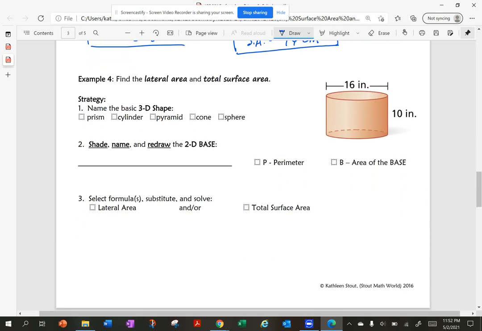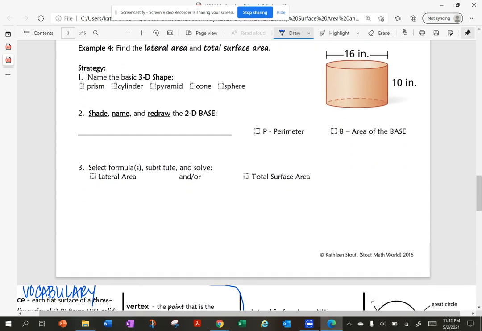All right, what do I have for a shape? So I want to start by identifying what 3D shape I have, or solid. This time I have what I'm calling a cylinder. So my base is a circle. With a circle, I want to know what the radius is. So the diameter is 16, so the radius is 8.